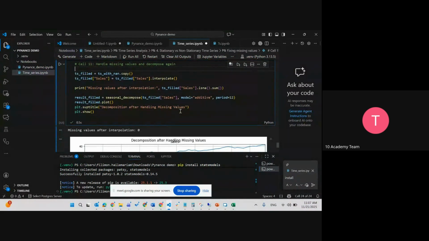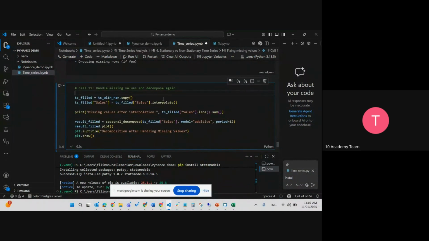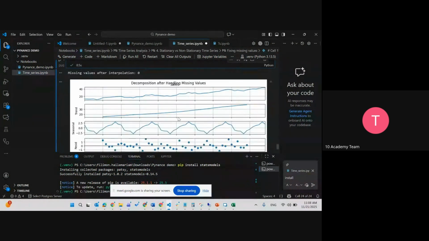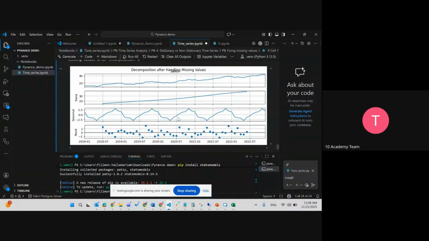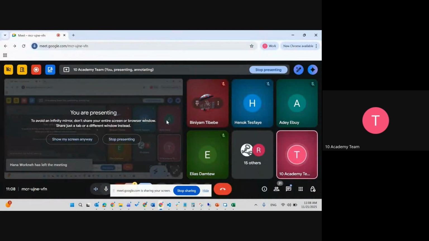After we fill the missing values with interpolate and decompose it again, it will work fine, and it shows us a perfect graph, and you can plot and understand your data. So this is it, guys, for the time series analysis demo and class.